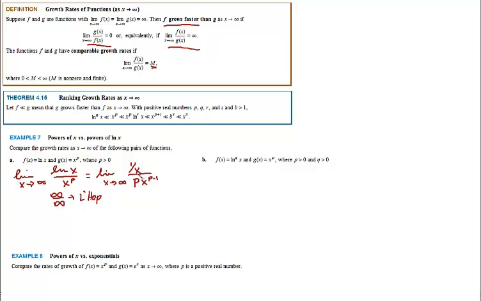If you'll notice, I have an x in the denominator here. When I combine it with this, I get the limit as x goes to infinity of 1 over px. This thing is going to 0. That means x raised to some power is getting bigger faster than the natural log, and that's how I'm comparing.